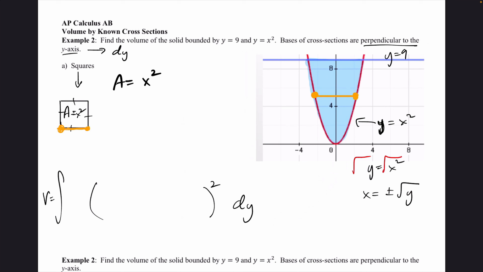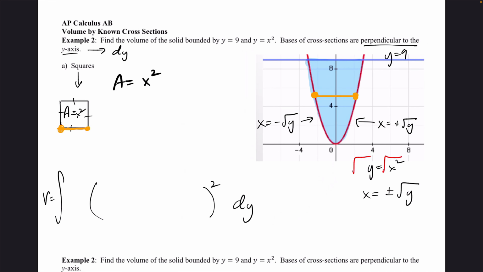So we have a positive and a negative. The positive side is when we have positive x values, that's over here. The negative side is when we have negative x values. So they're actually two different functions when you solve for x.